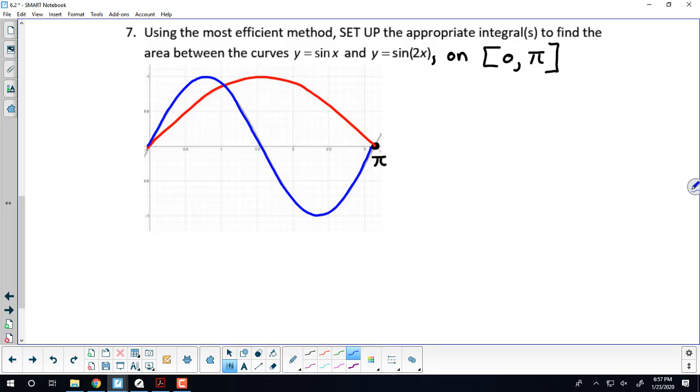Okay. So which one's which? Which one's the sine of x? The red. The red? Does everyone agree? Red is sine, blue is sine 2x.